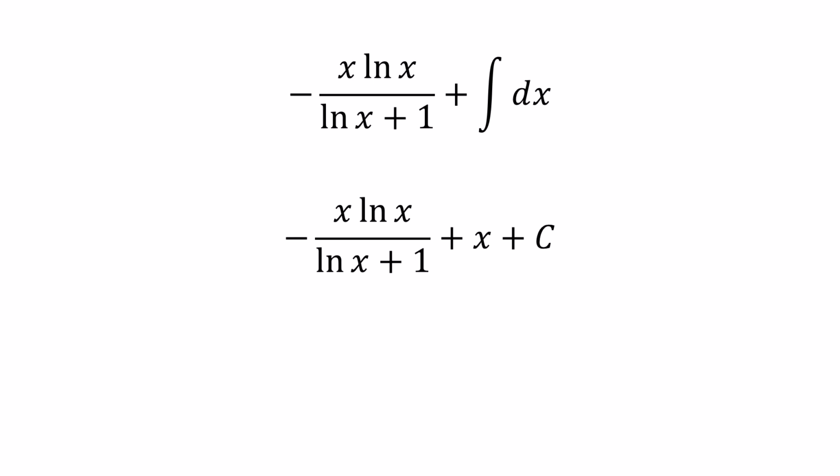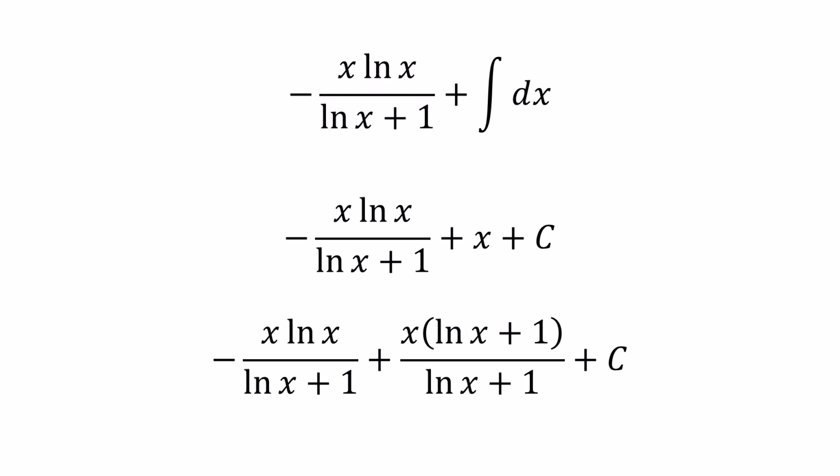Multiplying the numerator and denominator of the second term by ln of x plus 1 then gives minus x ln of x all over ln of x plus 1 plus x times ln of x plus 1 all over ln of x plus 1 plus c.